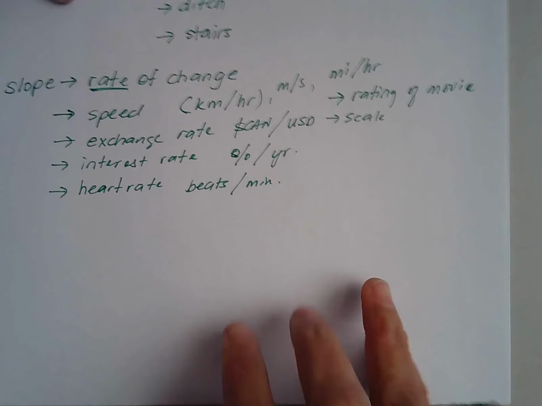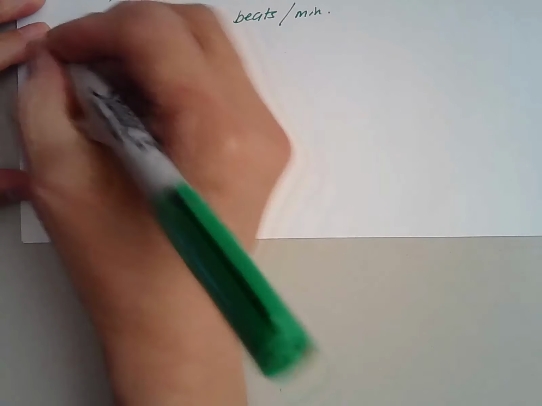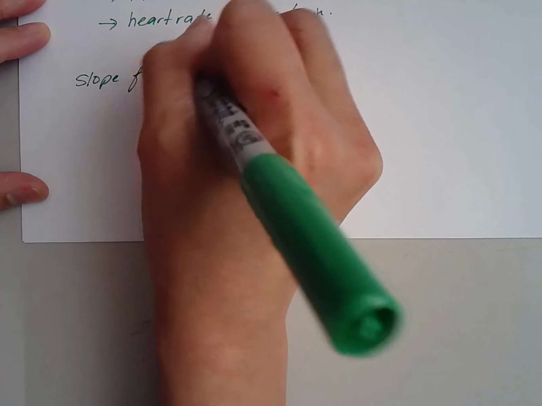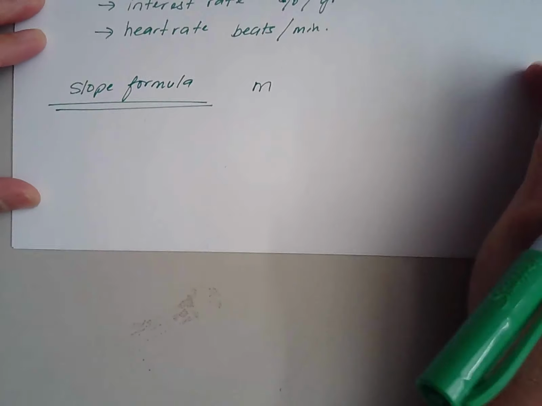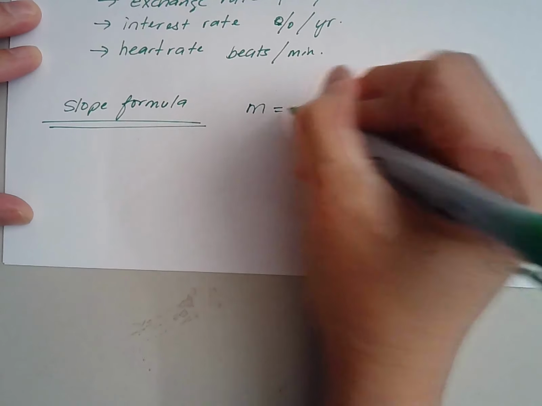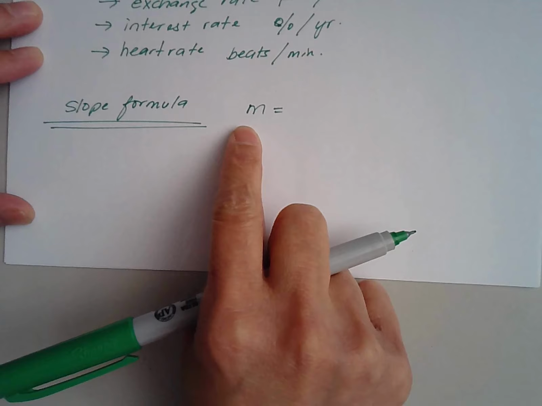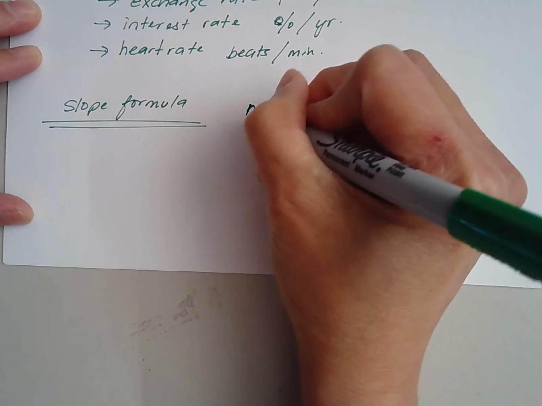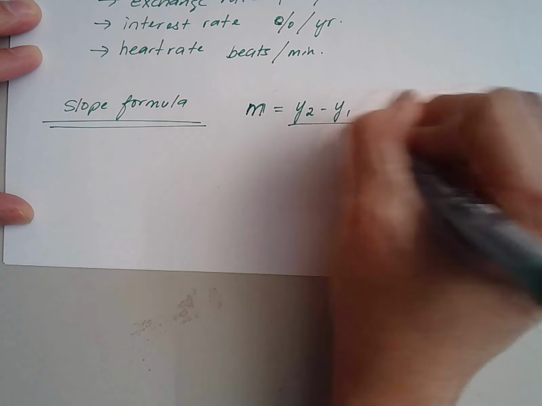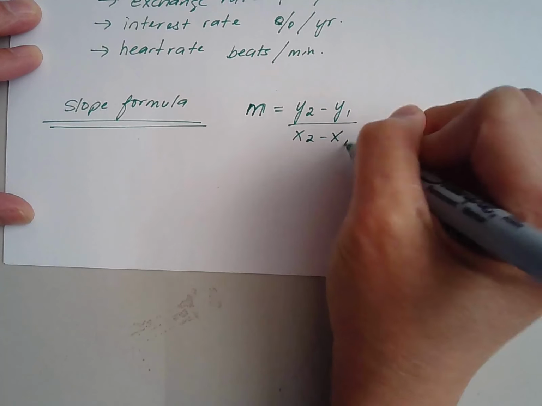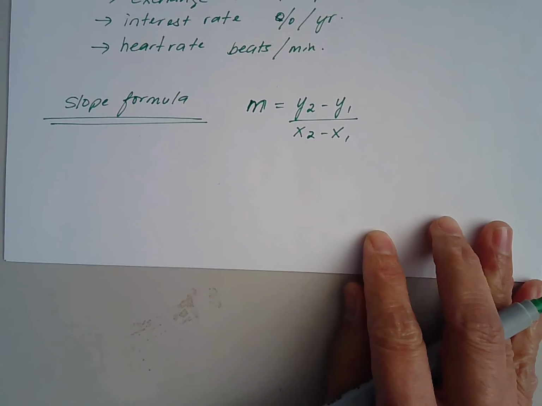Slope. I'll start with the slope formula. M is equal to y2 minus y1 over x2 minus x1. Now that doesn't make sense to us, right?